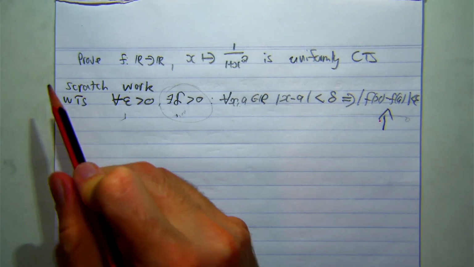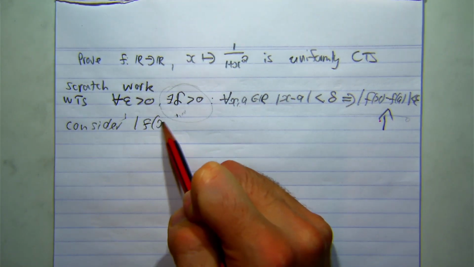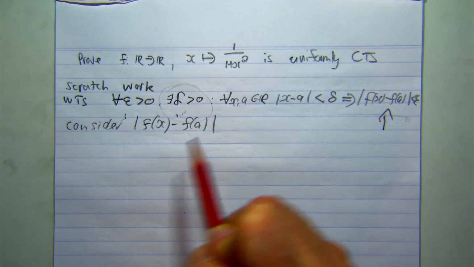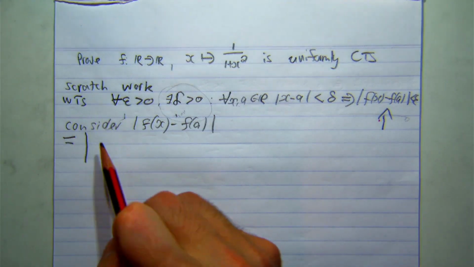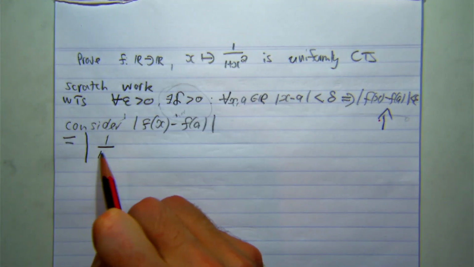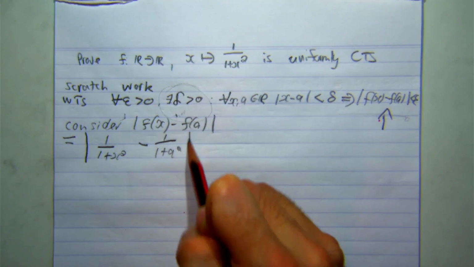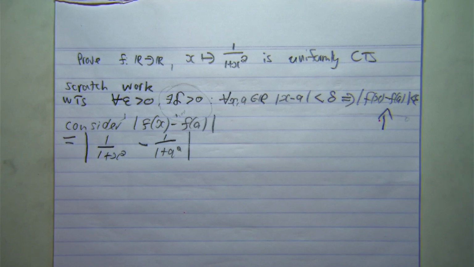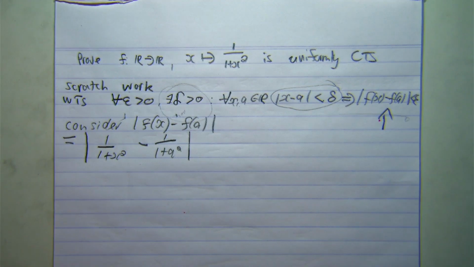So consider f of x minus f of a, which is equal to just plugging into this function definition, 1 on 1 plus x squared minus 1 on 1 plus a squared. And because we know that we have this relationship, our goal is to try and simplify this down into some expression that contains the absolute value of x minus a.